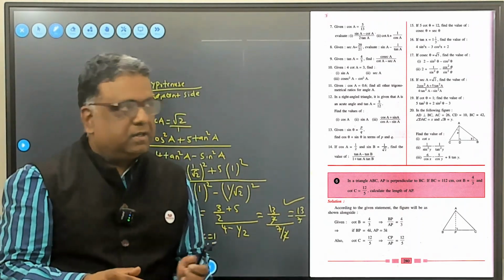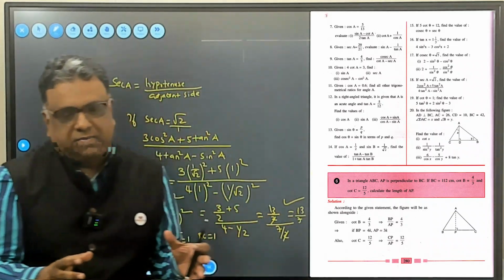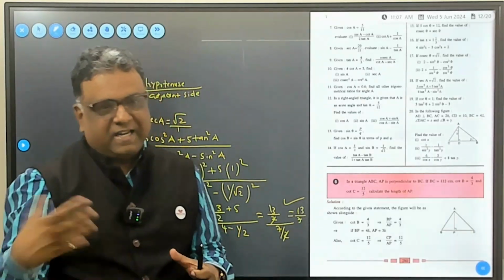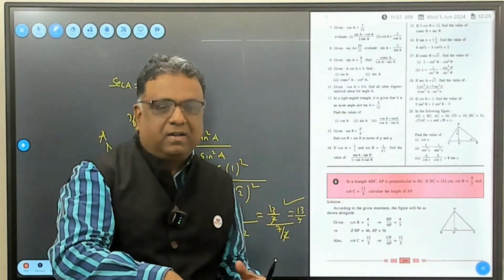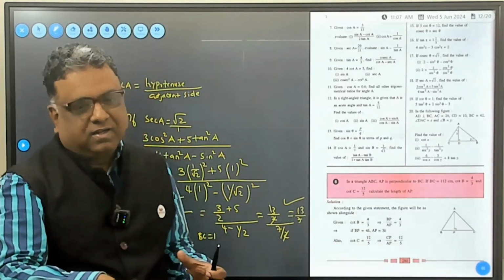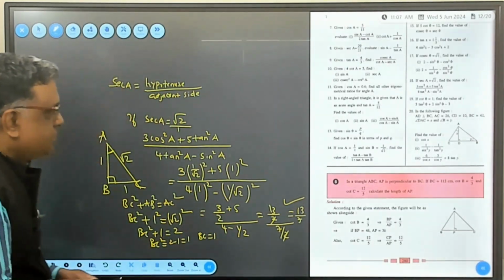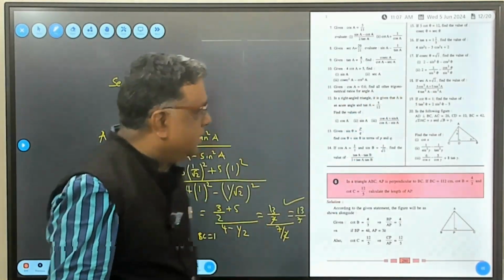This exercise typically is associated with finding a trigonometrical ratio when sides are given, or if a trigonometrical ratio is given, how to find the other trigonometrical ratios, or the value of any expression like we did in this sum.